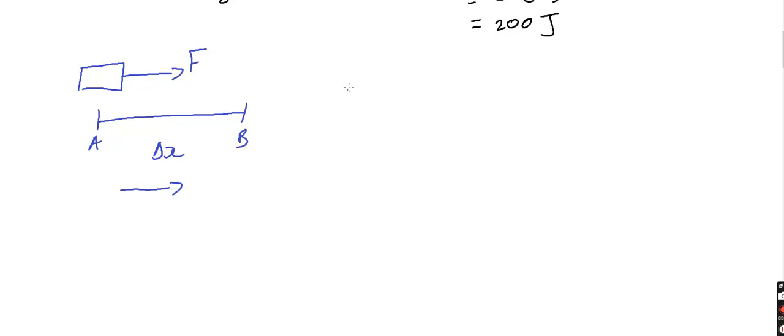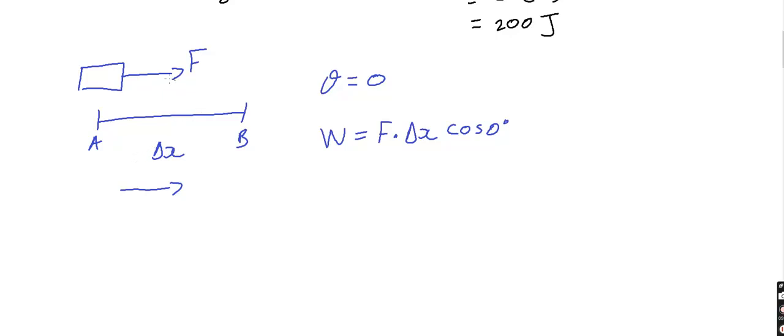So what does this mean? It means that the angle between force and displacement, theta, is 0. Now when we are applying that factor, we will say F times delta x, and then the factor will be cos of 0 degrees, because they are both pointing in the same direction. When two vectors are pointing in the same direction, the angle between them is 0. There is no angle between them.